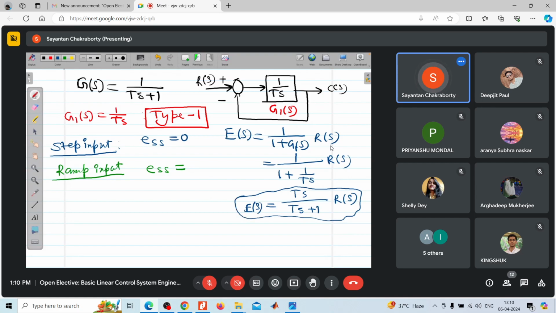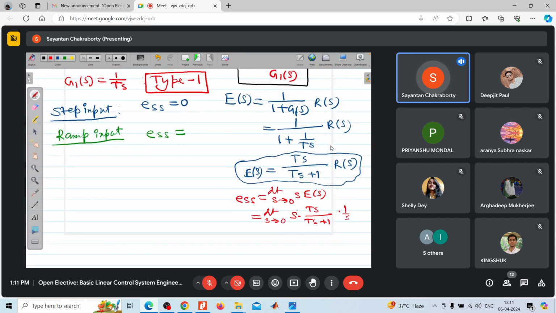So if I apply the first principle, ess for step input will be limit s tends to 0, s into Ts by Ts plus 1 into 1 by s.